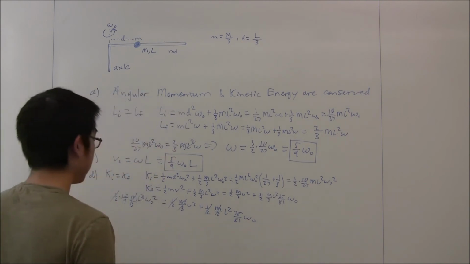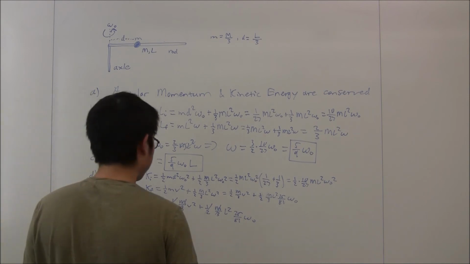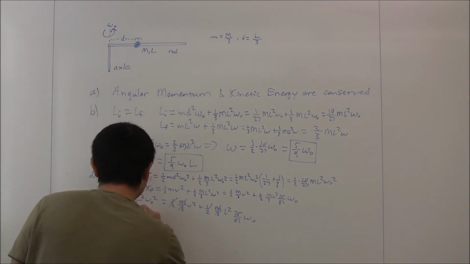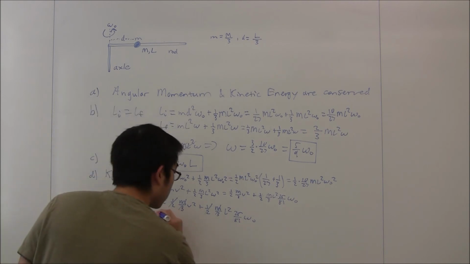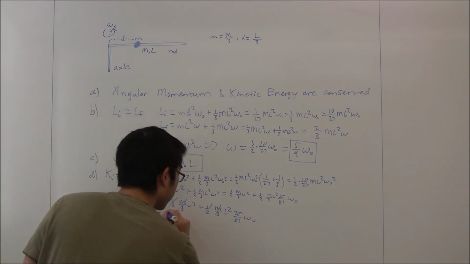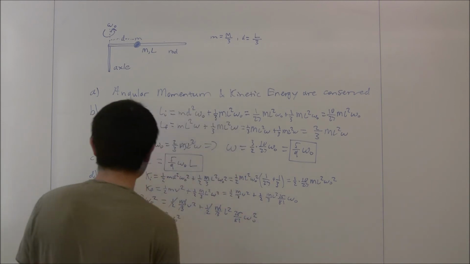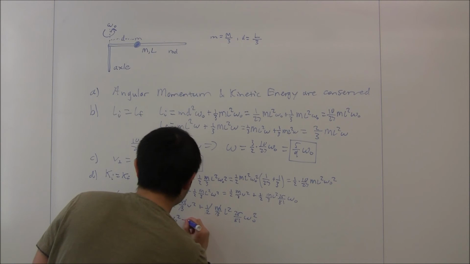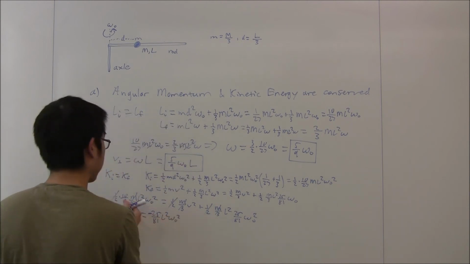Alright. So now, if we group all the omega naughts to one side and isolate for v squared, we get that v squared is equal to 25 over 81 big L squared omega naught squared minus, should be a minus because we're moving this to that side.